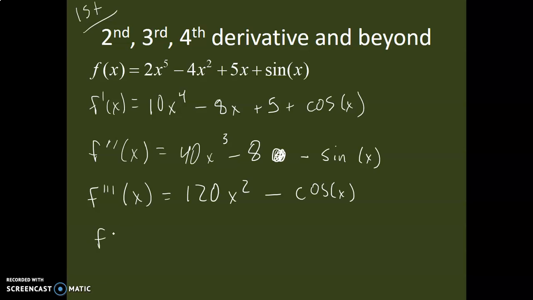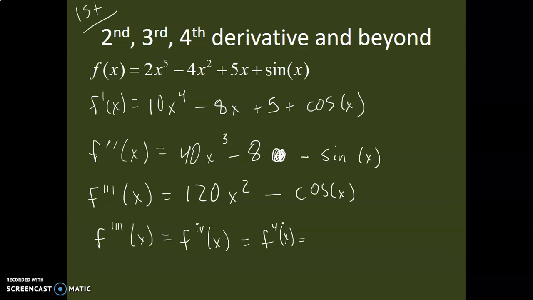And then the fourth derivative, which you can do 4 primes, or you can do f with a little IV for Roman numerals, or you can do f with a little 4.